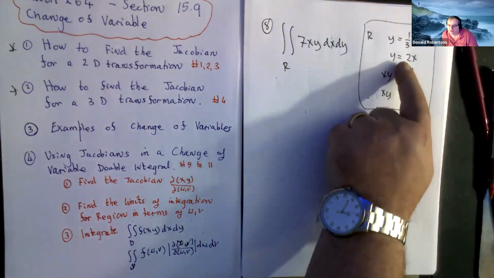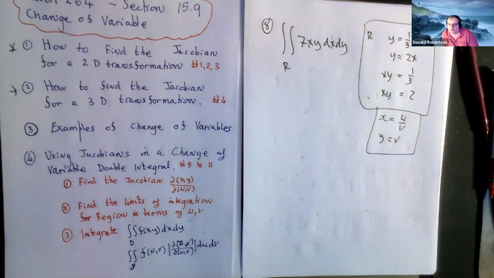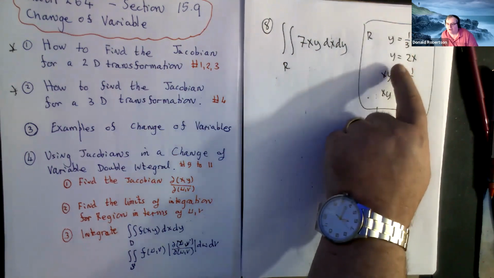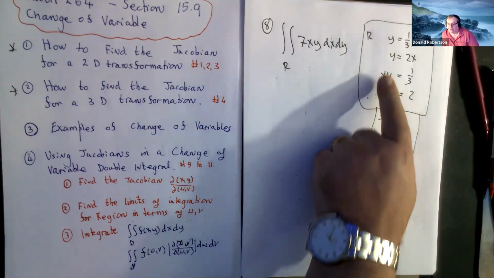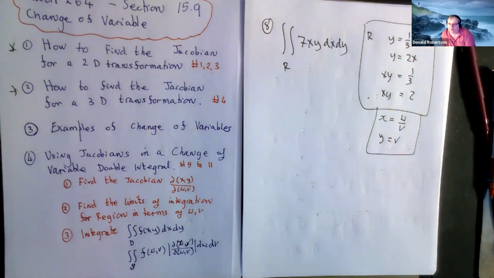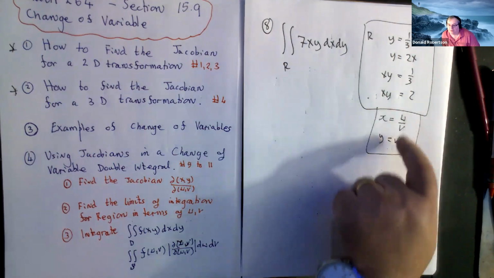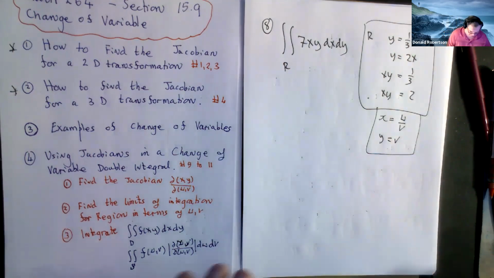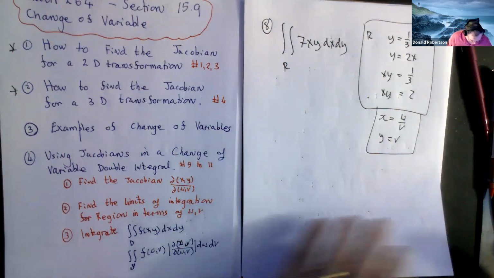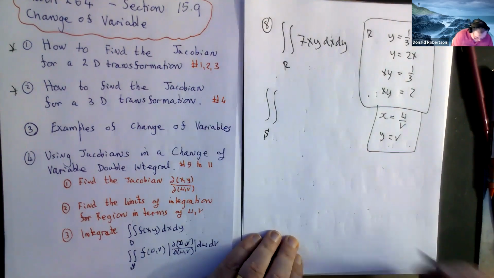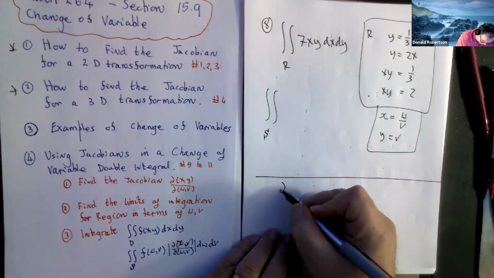And I'm not going to draw these, since I already know what, I guess I would call it line 1, line 2, curve 3, curve 4, right? In no particular order, doesn't matter what order you do them in. And I will be able to convert these using these two into a new region, which I'm going to be calling S. Well, let's get the Jacobian out of the way.